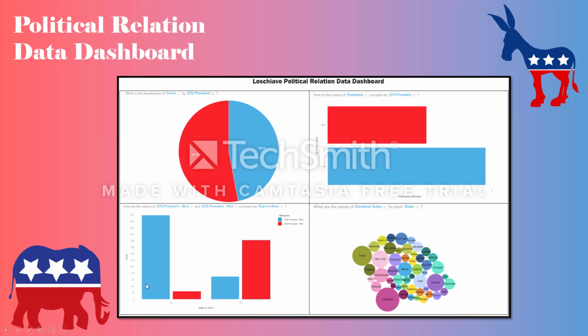And finally, in the bottom right corner, I have the values of electoral votes for each state. Although it doesn't give a number, it does identify the states, and the bubbles are relevant to the size of the electoral votes in each state.